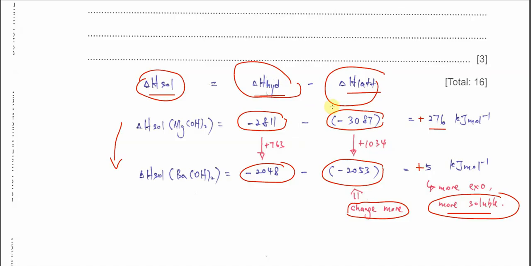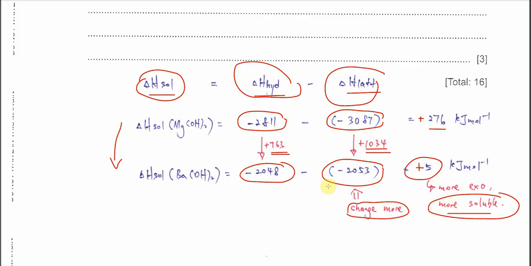Again, both hydration enthalpy and lattice energy become less exo, but the hydration enthalpy changes less and the lattice energy changes more. Because of this, at the end, the delta H solution for barium is more exo, so it's more soluble.